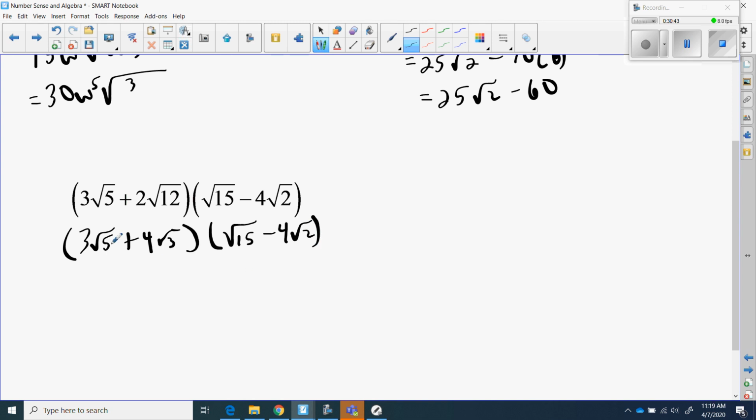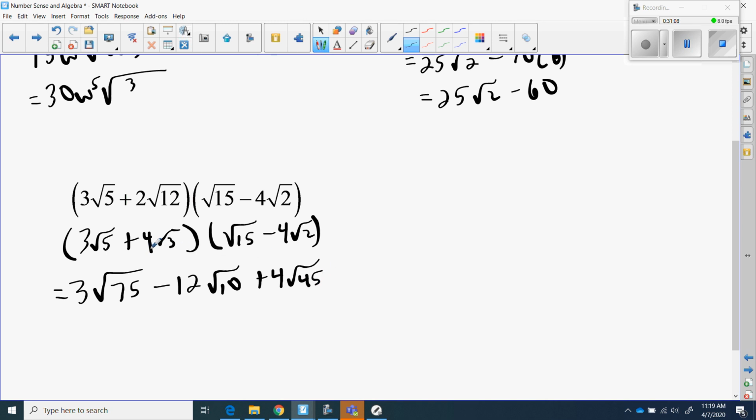So here we go. This one times this one is going to give us 3 radical. So 15 times 5 is going to be 75. Now this one times this one is going to be minus 12 radical 10. This one times this one will be positive 4 radical 45.